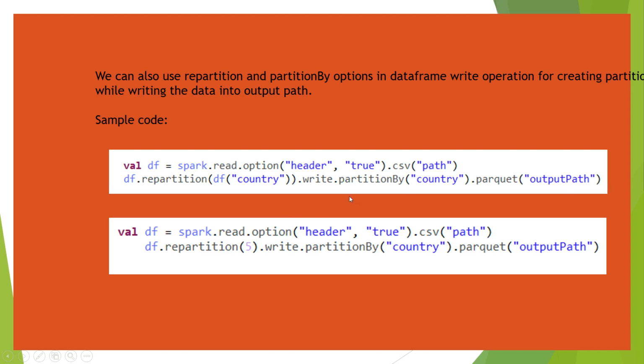Or if you have only 3 countries and you give a repartition of 5, then the data with the larger number of rows will be shared across the different partitions. So these are the options we have for repartitioning.